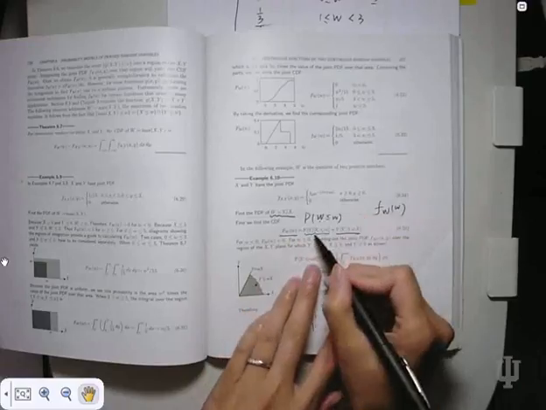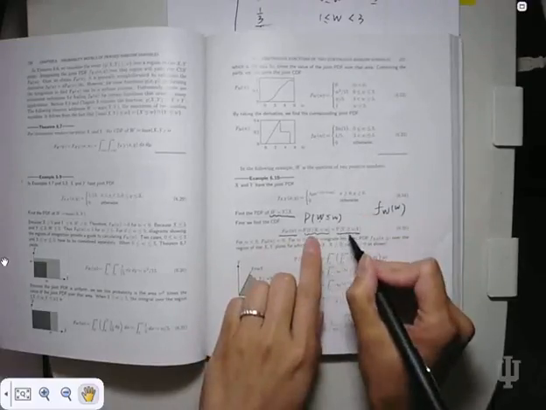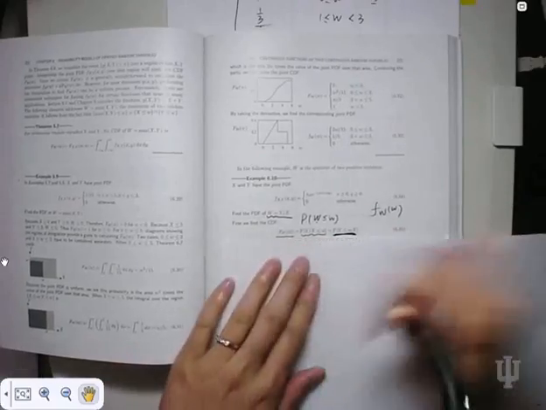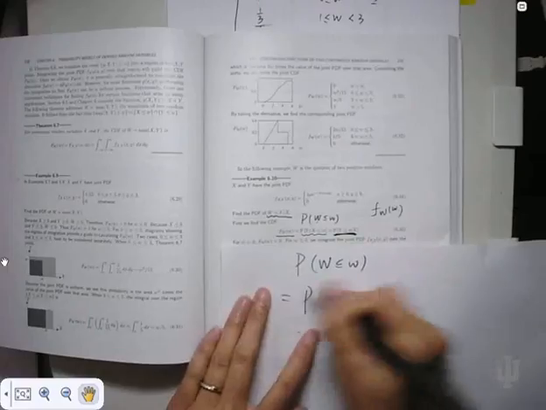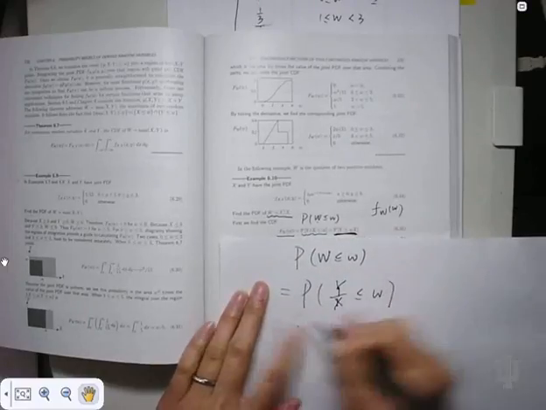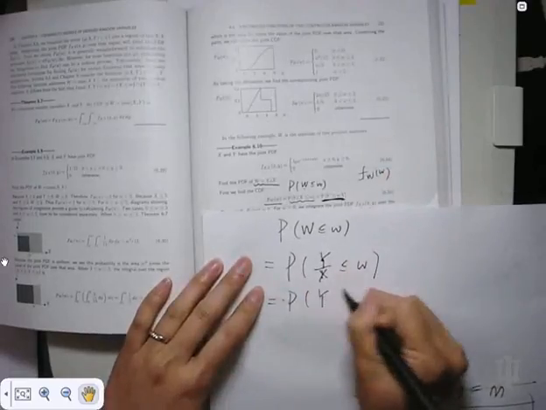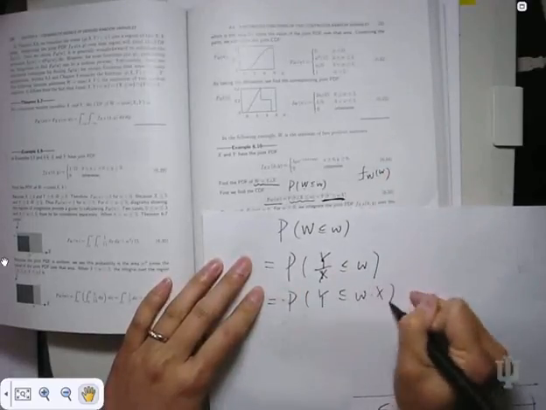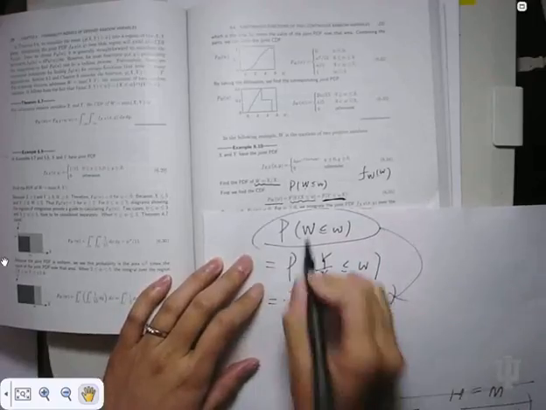And your big W is y over x. So it's the same if I write it like this: P(W ≤ w) equals P(y/x ≤ w) equals P(y ≤ w times x), right? So you represent this with this.